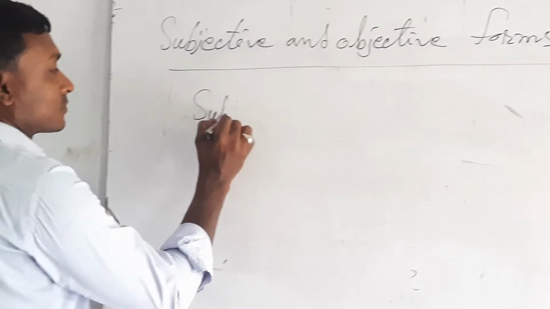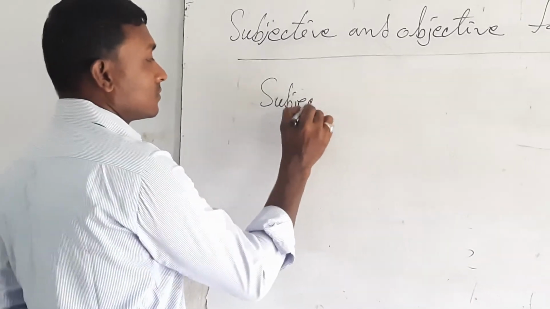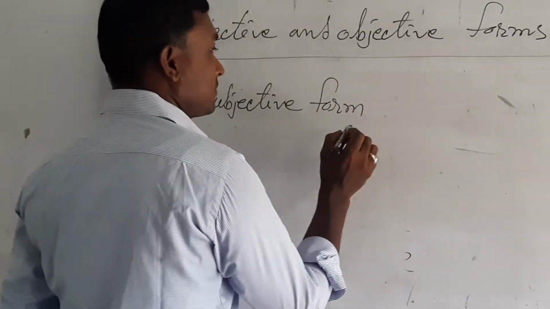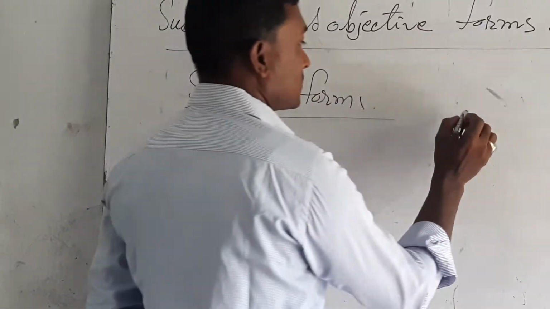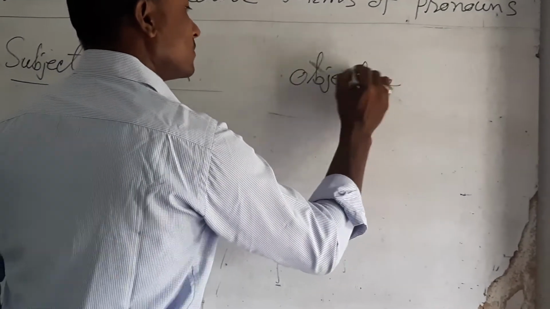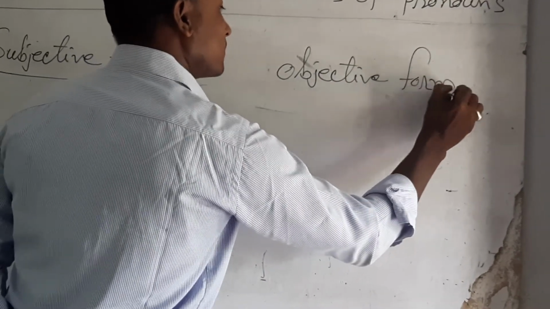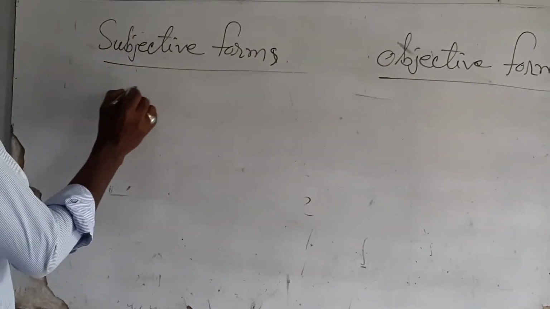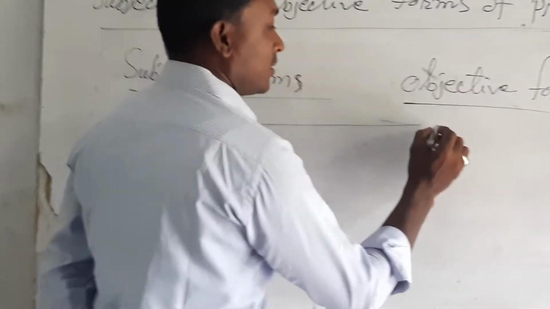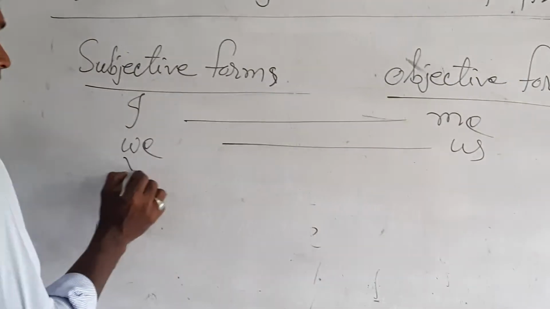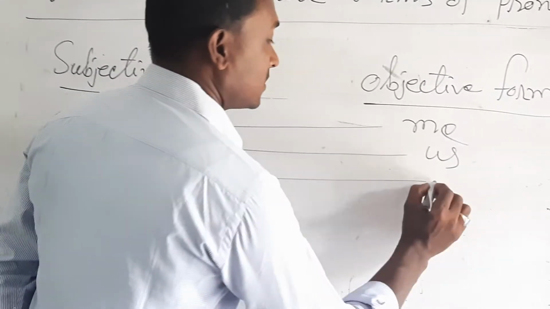Subjective form, objective form. I, subjective form; objective form me. We, objective form us. You.